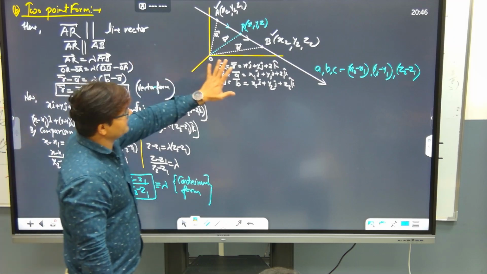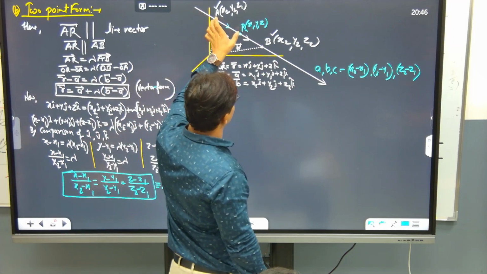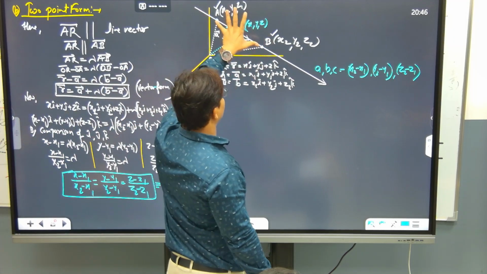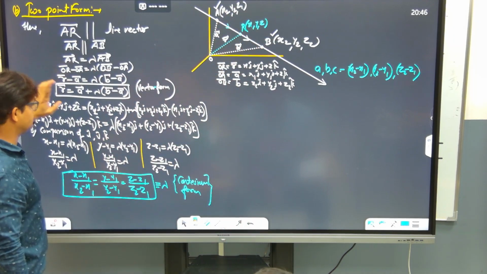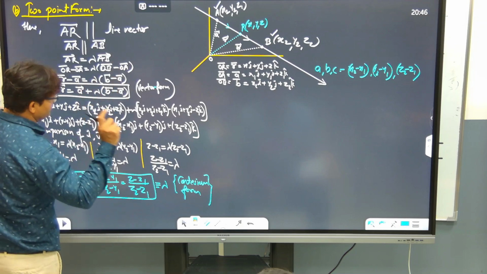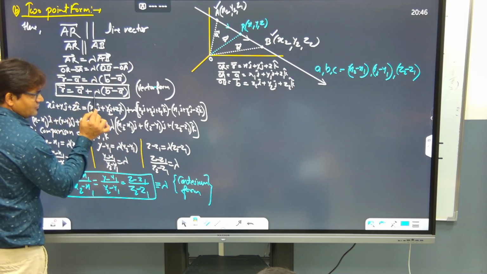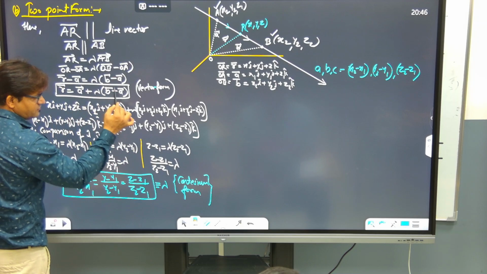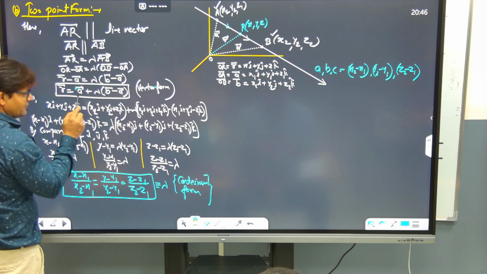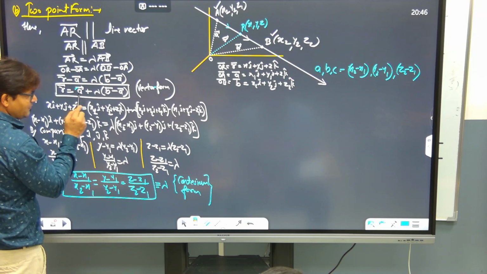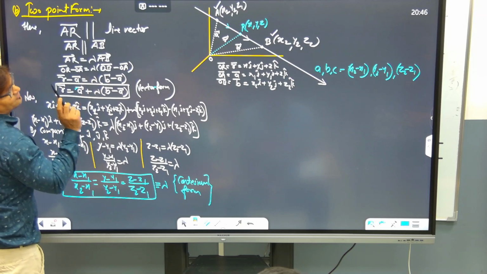But it is the same line. So here we can take either the AB vector or the BA vector. In this case only one point is important for computation. r vector equals a vector plus lambda (b minus a). Sometimes a minus b, even sometimes we have a different point. This a vector can be replaced by b vector also.